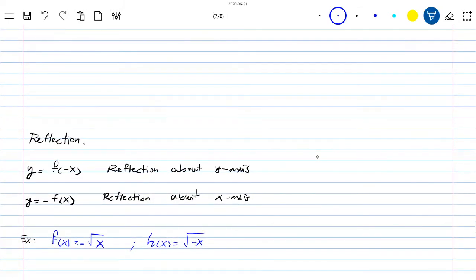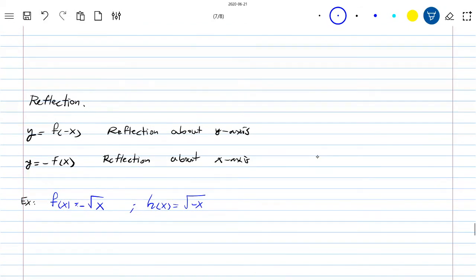Okay, now one more topic in the transformation is, so far we haven't talked about multiplying by a negative number. What happens if you multiply by a negative number? Well, that causes something called reflection. If you multiply a negative number inside the function, it causes a reflection. How does it affect the function? All the x's will change from positive to negative.